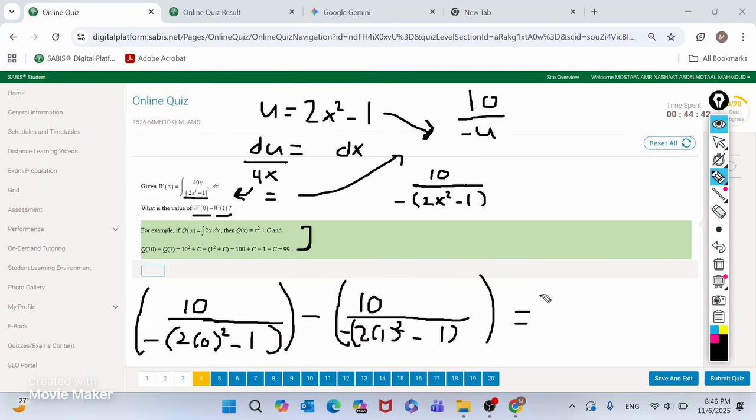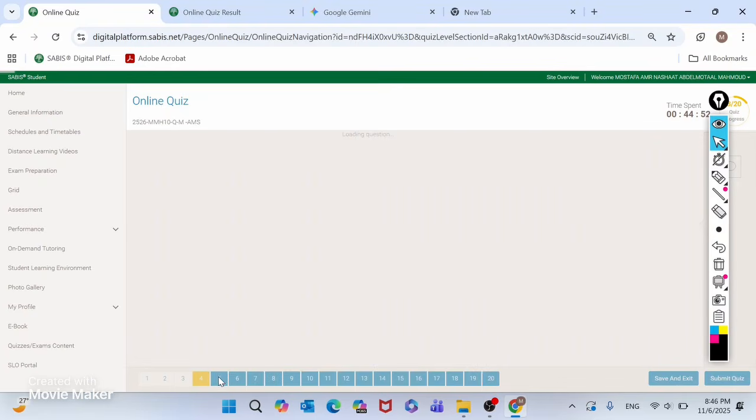You guys solve this on your calculator, you're gonna get 20, and that's the answer. Probably one of the hardest questions in the quiz.